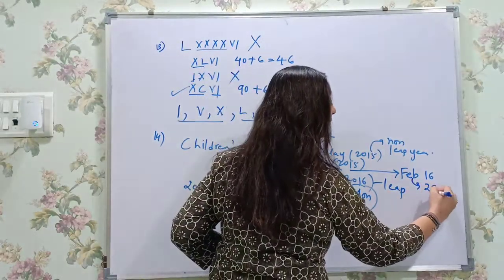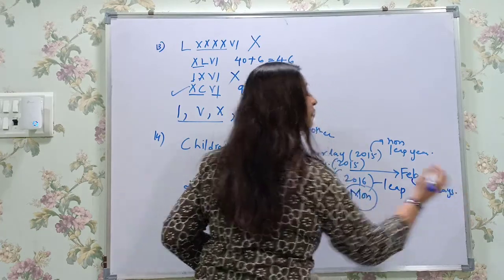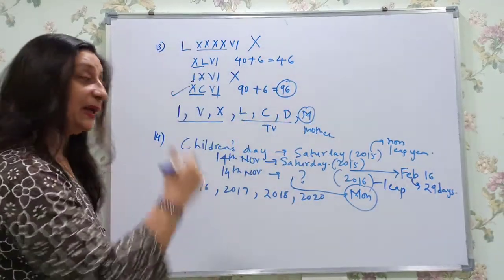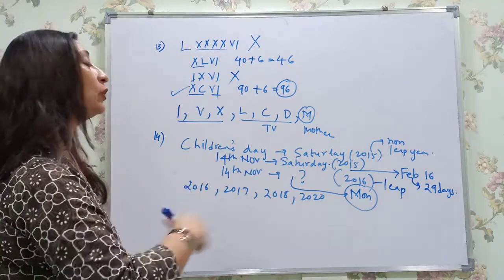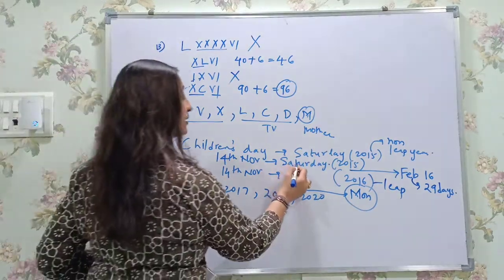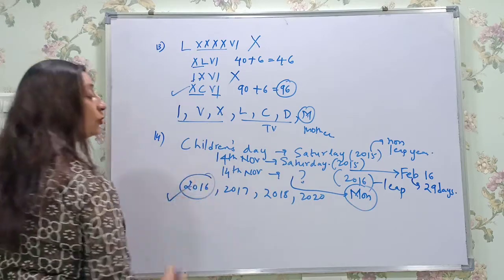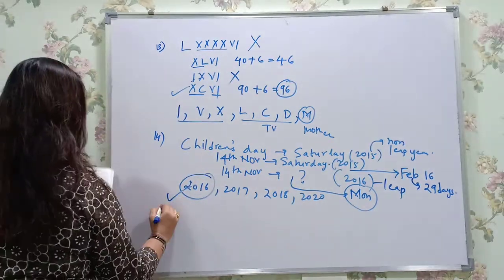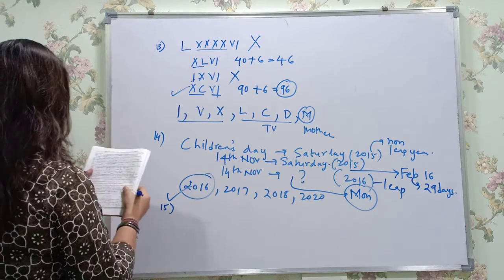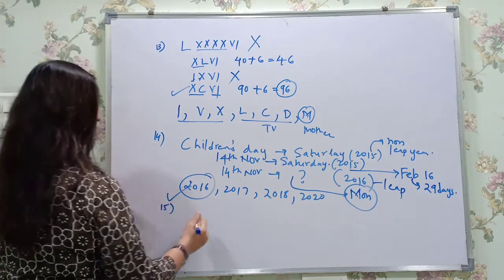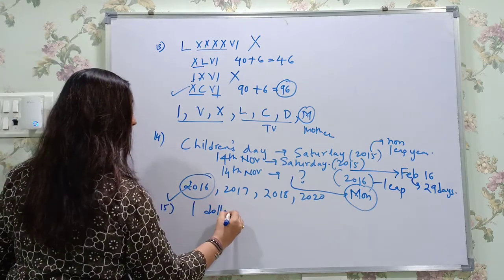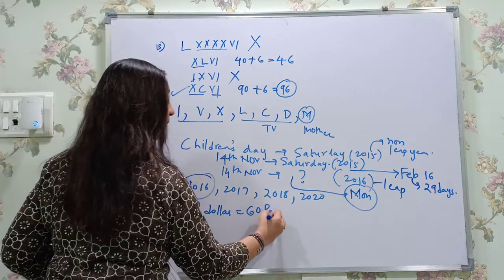Because February may have 29 days. So when your February month is coming in between the 2 years, your day will go 1 day ahead. So it is not Sunday, it has to be Monday. So in which year is it Monday? 2016.